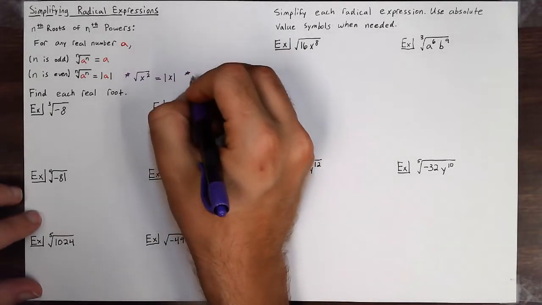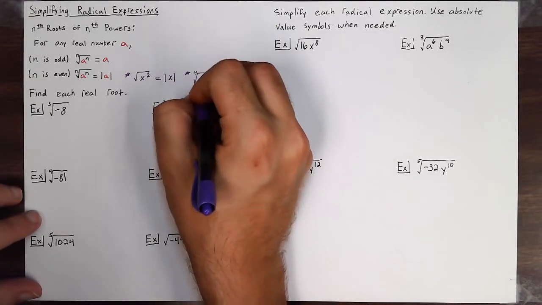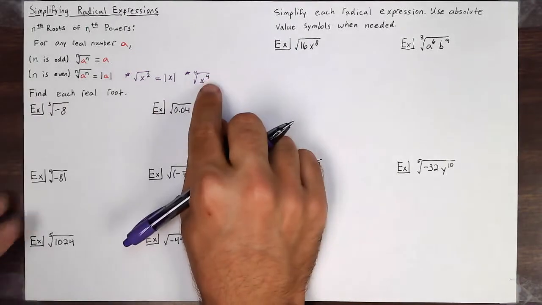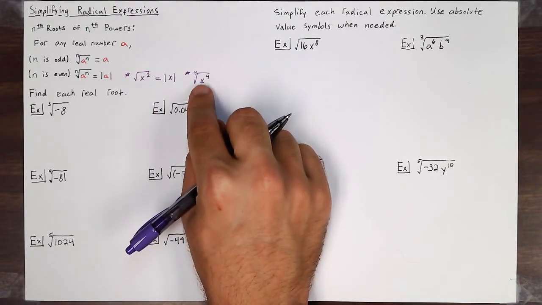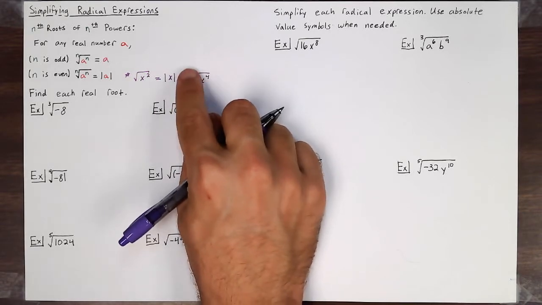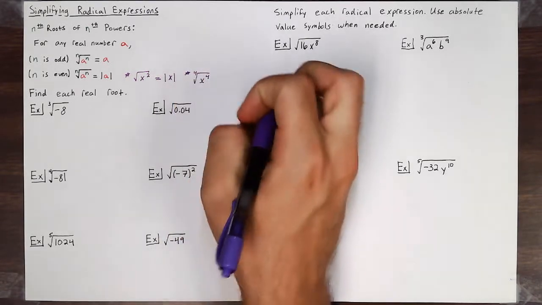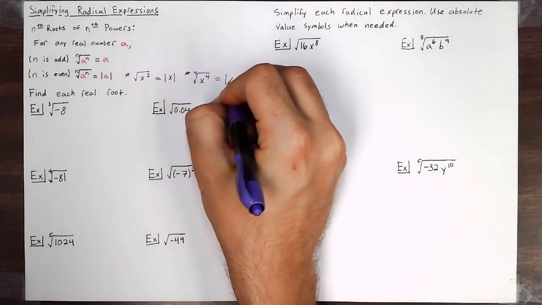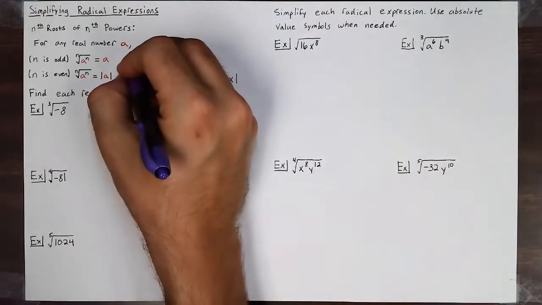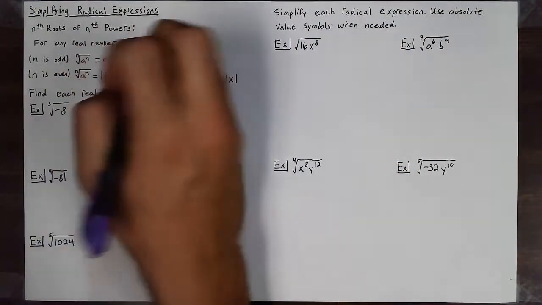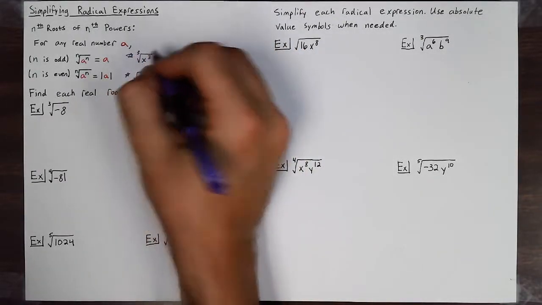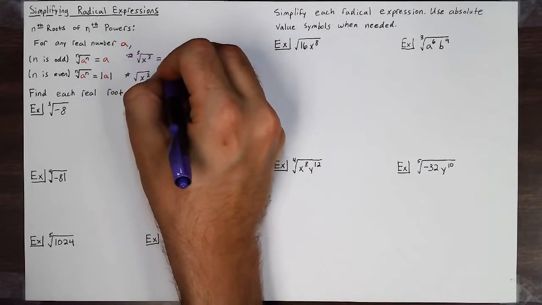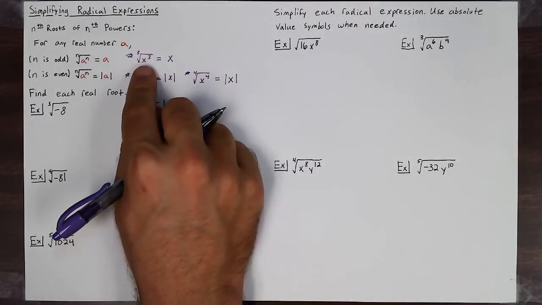Something similar would be the fourth root of x to the fourth. Again, x to the fourth creates a positive number, even if x is negative. So taking the fourth root of x to the fourth cancels that power out, but leaves us with the absolute value of x. But for a cube root of x cubed, that would just give us x, because it could still be negative.